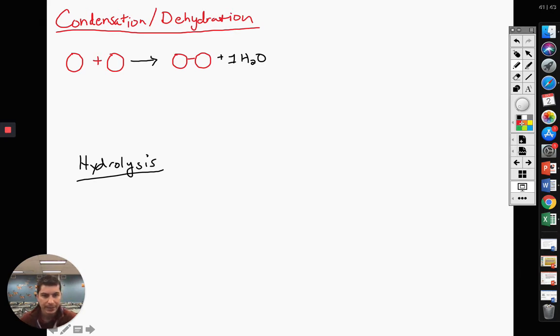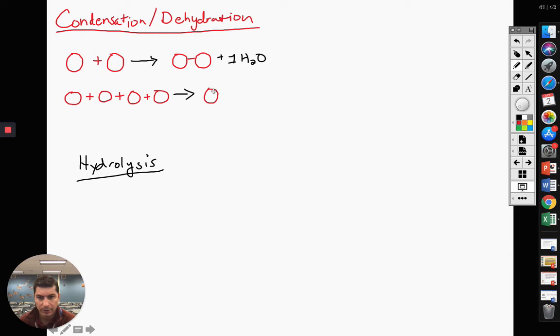Now, let's say we do this, and I want to combine all of these together. So they have 4 monomers. Okay, let's draw this out.